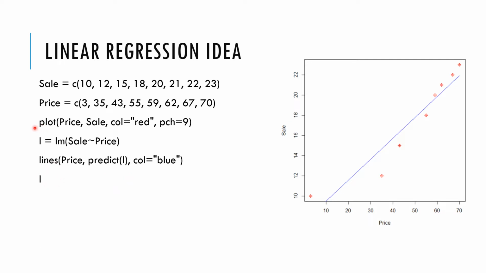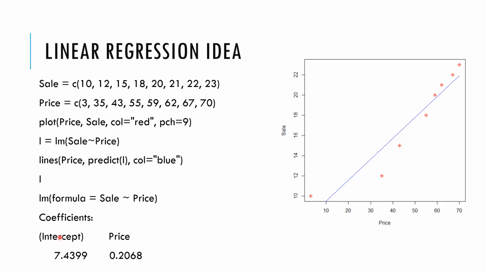If you want to see what lm is doing, basically it uses the function lm, and it comes up with the values of coefficients, as we discussed. So what is sale here?